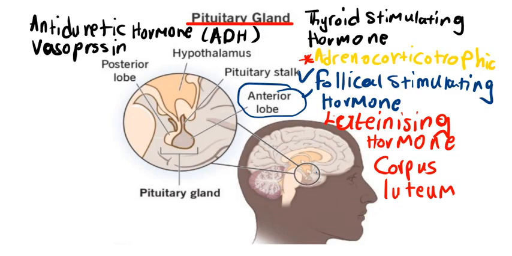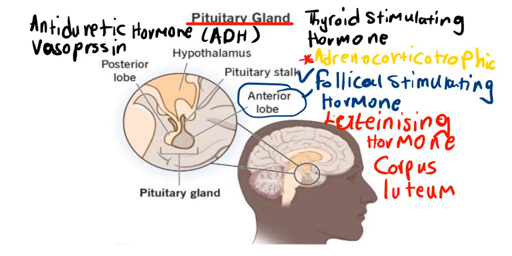This ADH causes the reabsorption of water from the loop of Henle and the renal tubule. Now, lack of antidiuretic hormone leads to the condition known as diabetes insipidus. This is just a condition where a person passes out large volumes of dilute urine. The urine is not concentrated, but it is diluted.